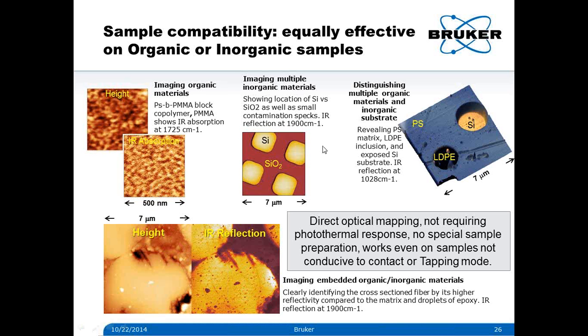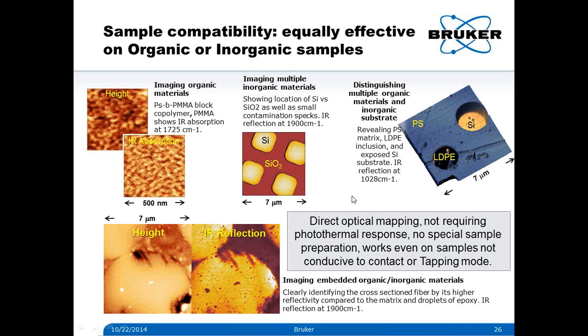You can also image hard materials like silicon and silicon dioxide, shown here in this test grating. You can look at hard fibers, shown here, optical fibers, where you see the fibers in reflection, also compared to the epoxy around them, and you have some dirt or some epoxy on top of the fibers here, shown up in the infrared reflection channel.